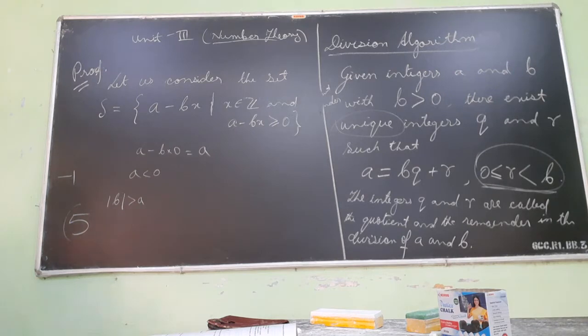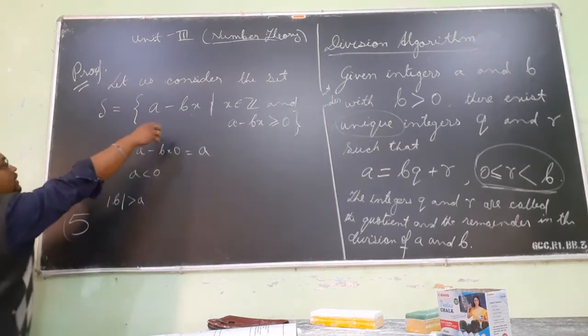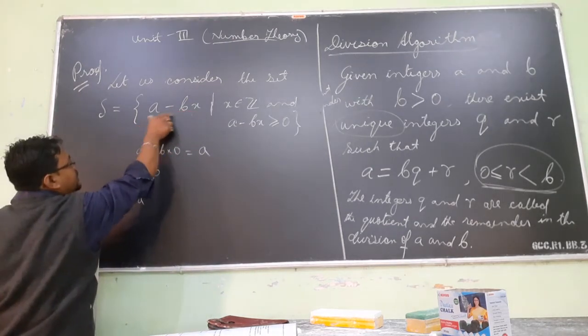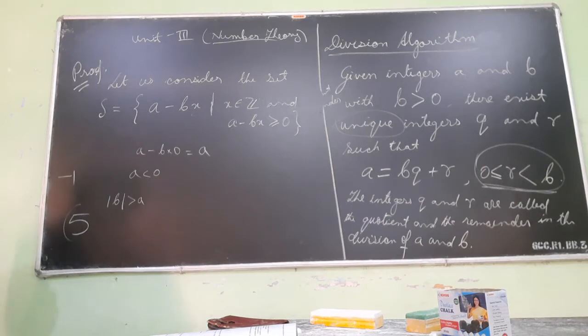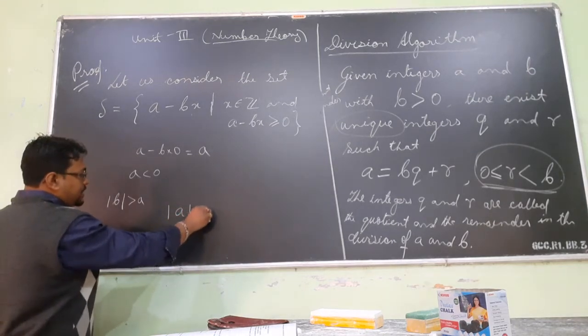For which number will this be positive? See, you have mod of a is always greater than or equal to a.